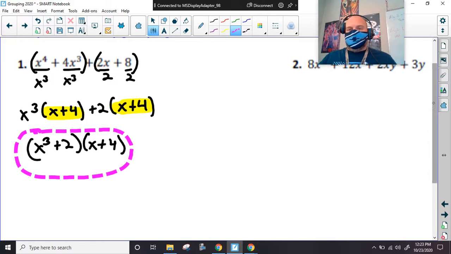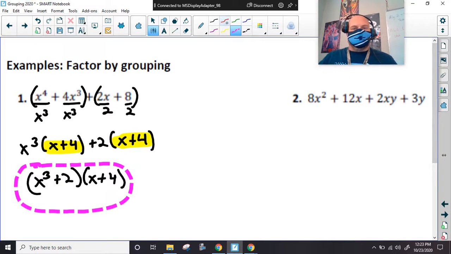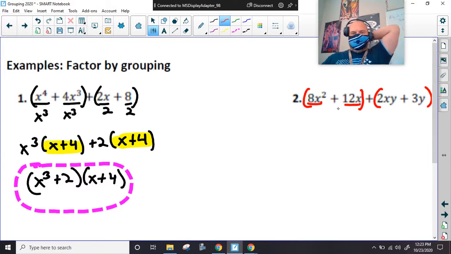All right. Number 2. First step is parentheses every time. What is the GCF of this first group right here? Biggest number that will divide 8 and 12: 4. And then we're going to have an x with it.